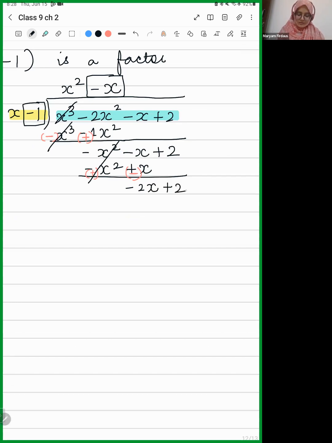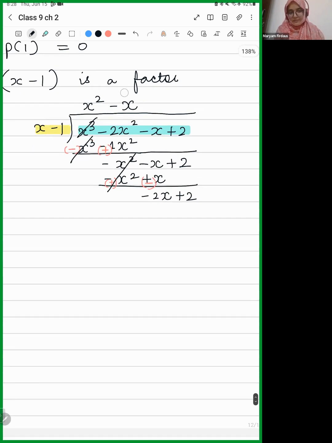Next, what happens? We multiply it with x. We say x multiplied by what will give me minus 2x. Think again.